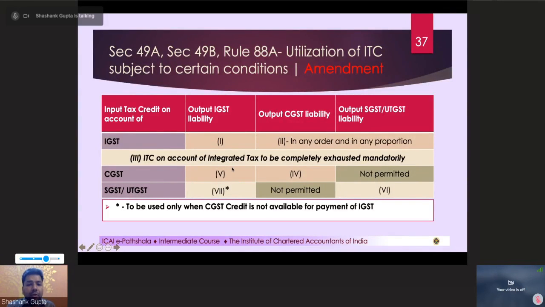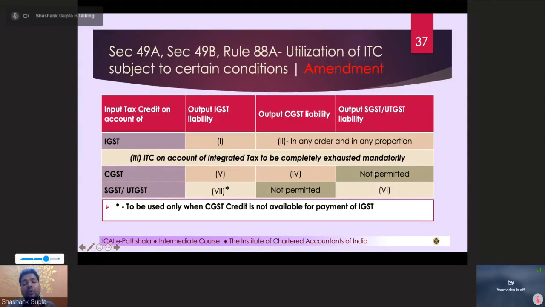Once IGST is 0, we need to move here, and the next restriction is to first utilize your CGST credit against your output CGST liability. So the first thing is to utilize your CGST credit against your CGST liability, and the balance, if any, can be utilized for payment of IGST.